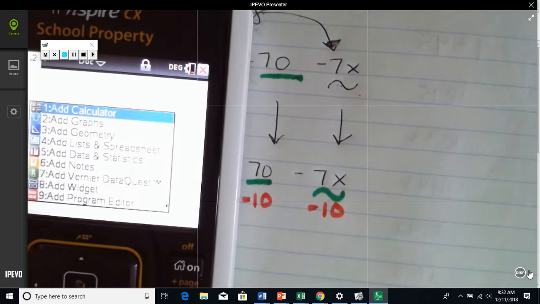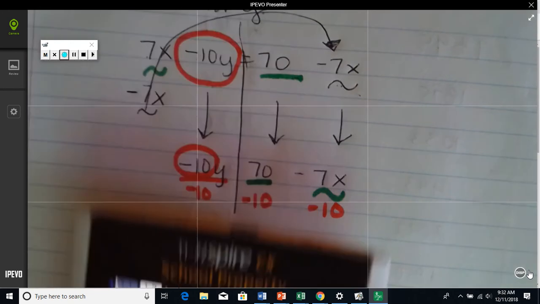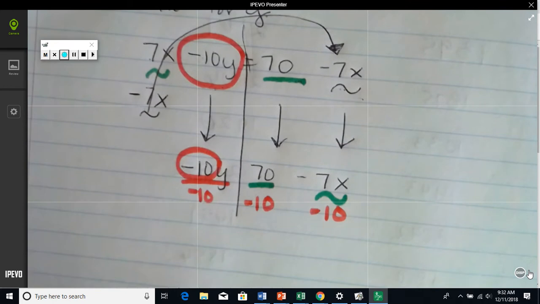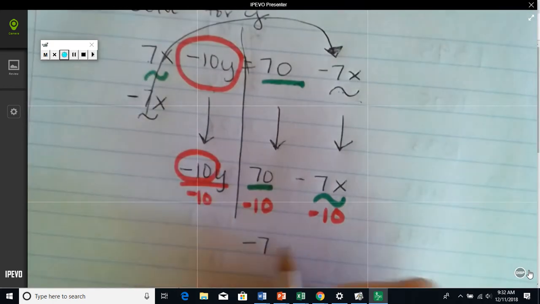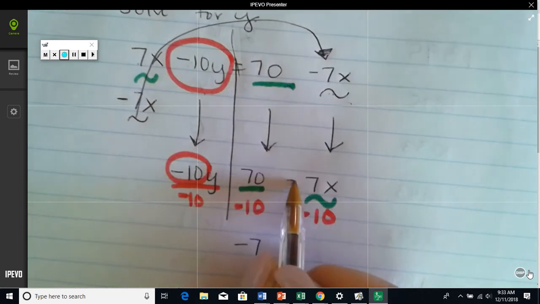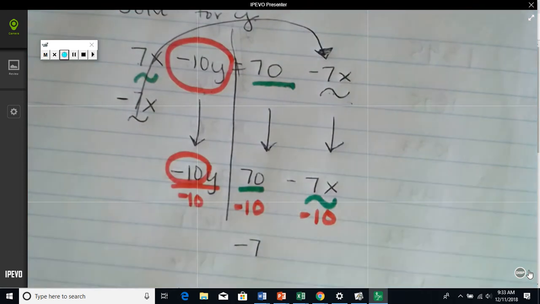Just make a new page. 70 divided by negative 10. I'm going to get negative 7. Alright, so this would be negative 7. Make sure when you put this in the calculator, you put negative 7 divided by negative 10. If you don't put it in there correctly, well, you're not going to get the correct answer.